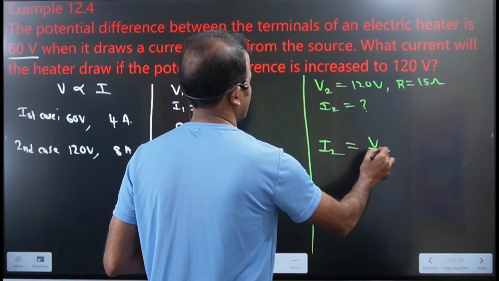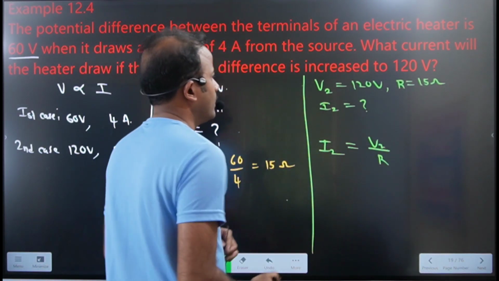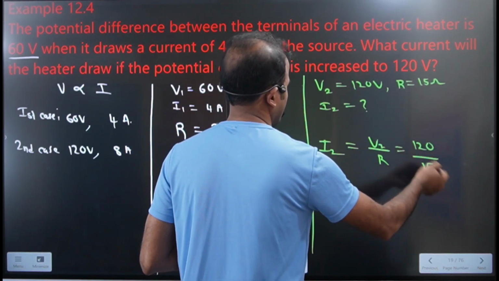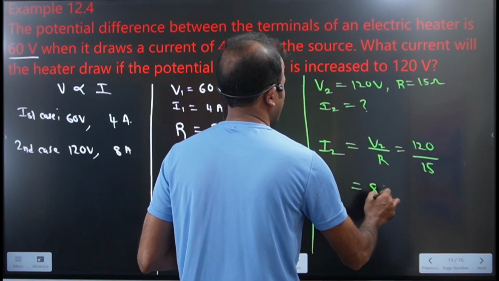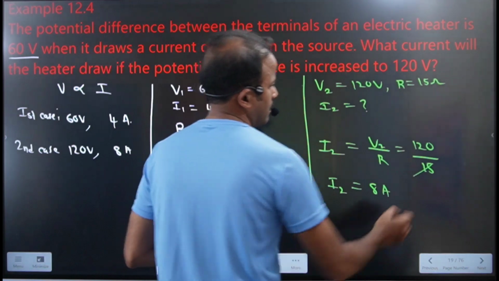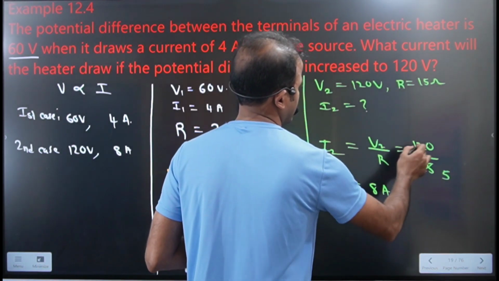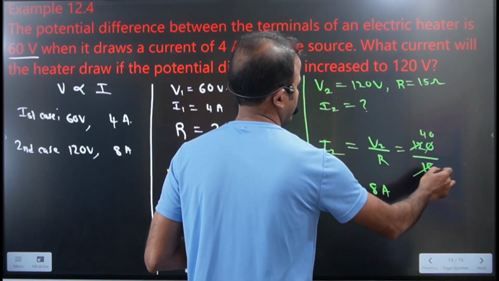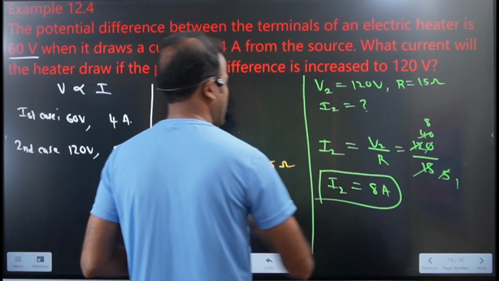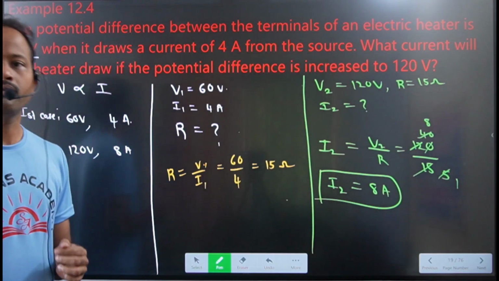I2 equal to V2 by R. What is the V2 value? 120 volts. Then R is how much? 15. 120 by 15 is how much? 8 amperes. Otherwise you do like this: 3 5s are 15, 3 4s are 12; 5 1s are 10, 5 8s are 40. So I2 equal to how much here? 8 amperes. Is it clear, everyone? Okay.